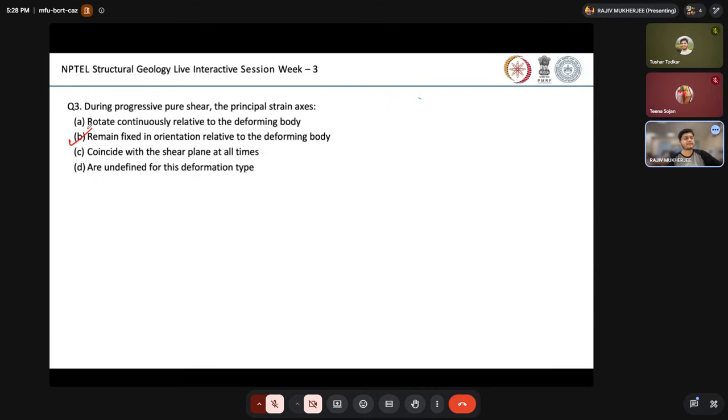That means the angle between the principal axis of strain does not change with progressive deformation. That is the definition of coaxial deformation, and pure shear deformation is a coaxial deformation. So we can write that answer. Yes, you're of course absolutely correct that option B is the correct answer.